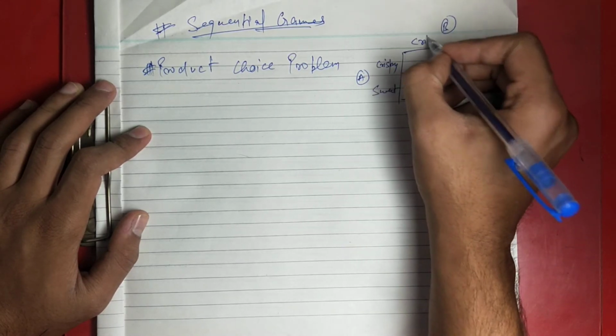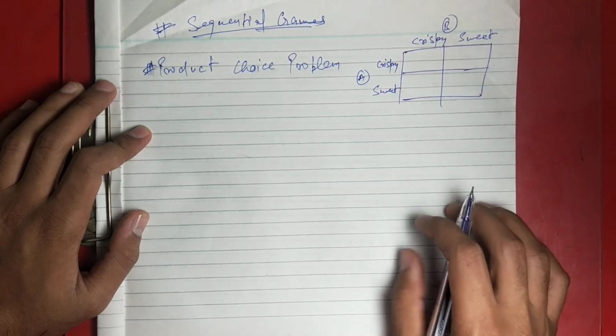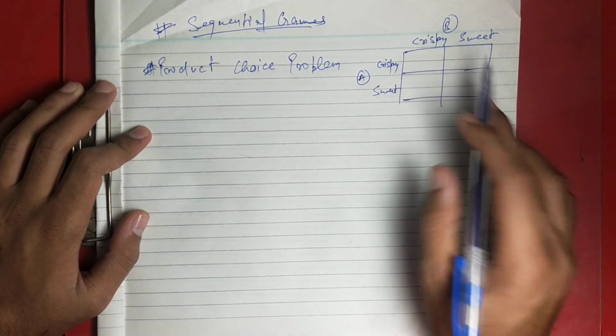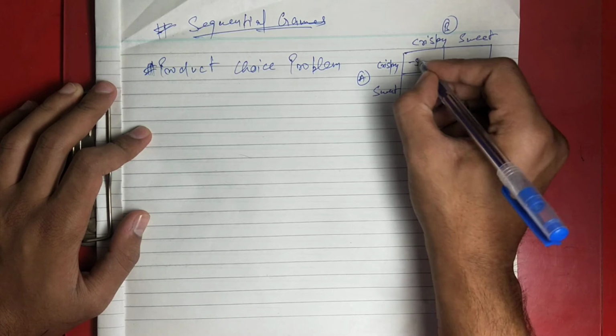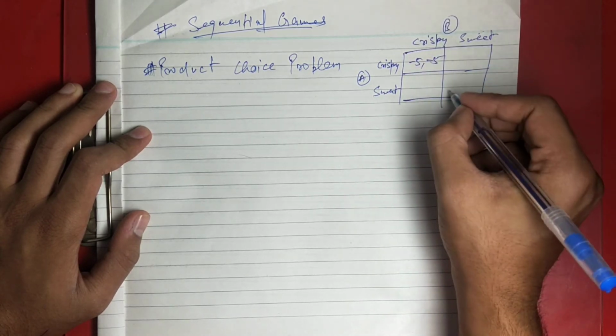Similarly here it is crispy, here it is sweet. I have already told you if they introduce the same product, they will lose money. So I am writing -5, -5. Same with this also.